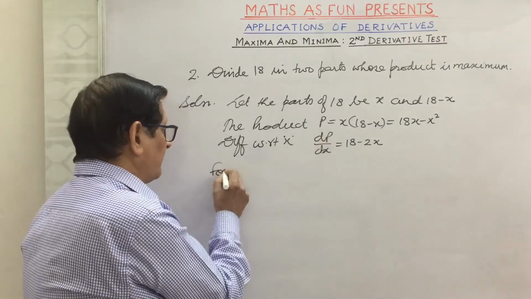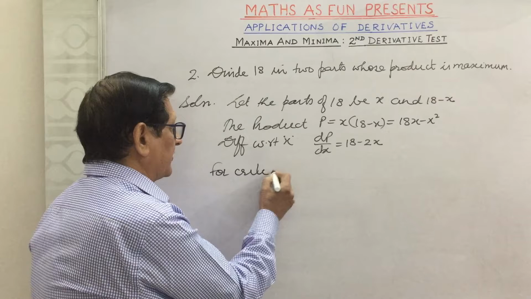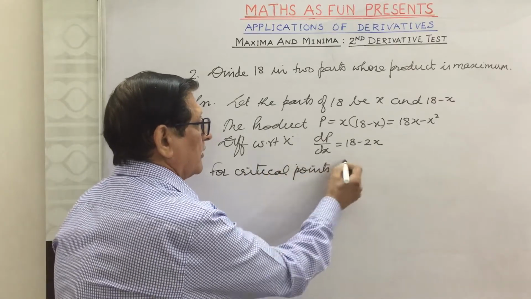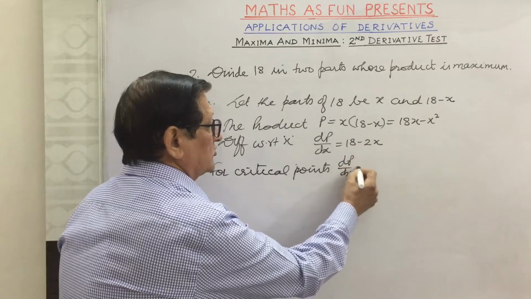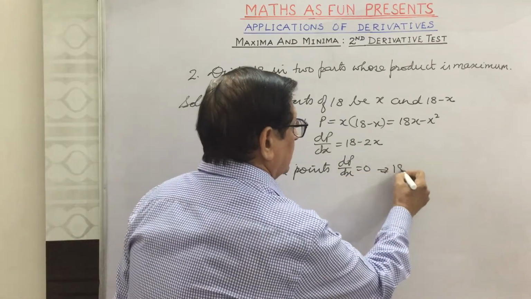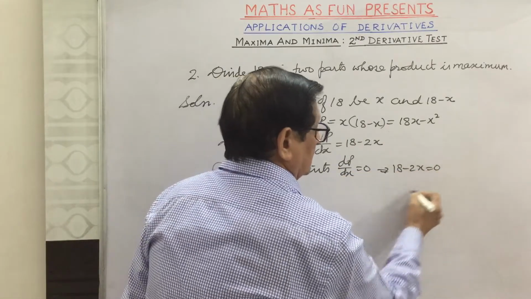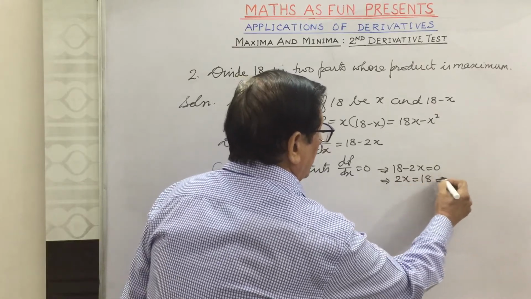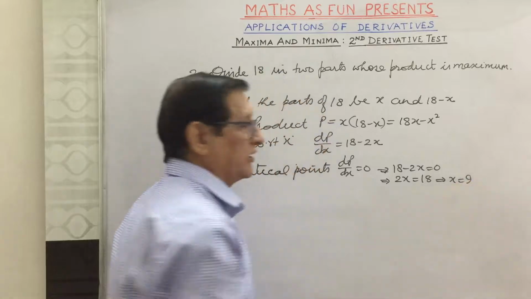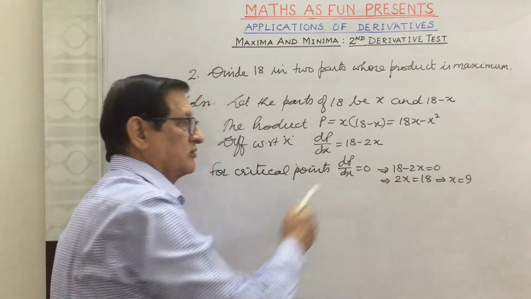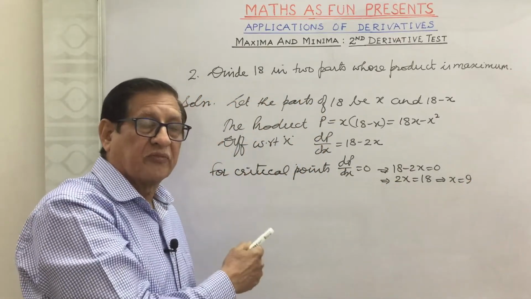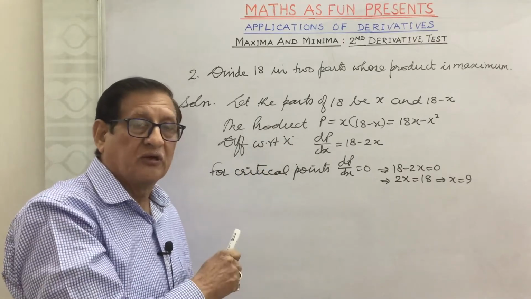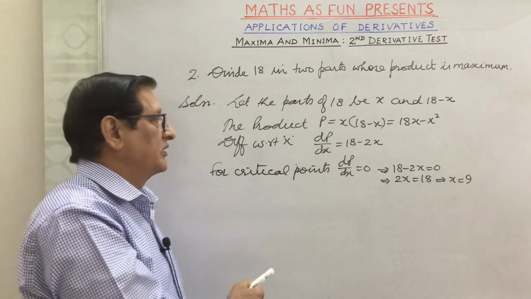So we write for critical points dP by dx equal to 0. It means 18 minus 2x equal to 0, from which we get 2x is equal to 18 or x is equal to 9. So this is the value of x, at which now we have to see whether the product is maximum or minimum, and for that we have to find the second derivative.